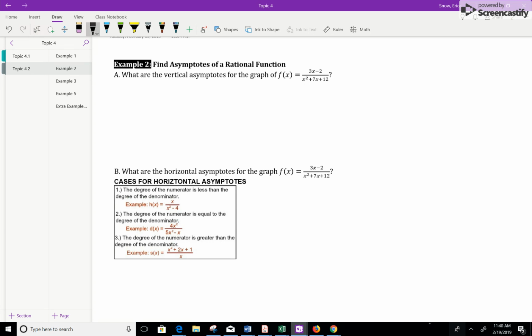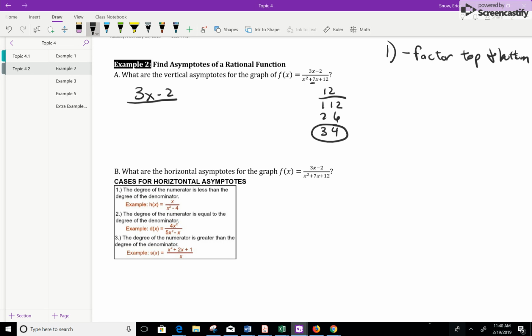So I'm going to write out the steps here. Your first step is to factor the top and the bottom of the function. So our top on this one doesn't factor, but our bottom does. So when we have 12, we get 1 and 12, 2 and 6, 3 and 4. 3 and 4 add up to 7. So we get x plus 3, x plus 4.